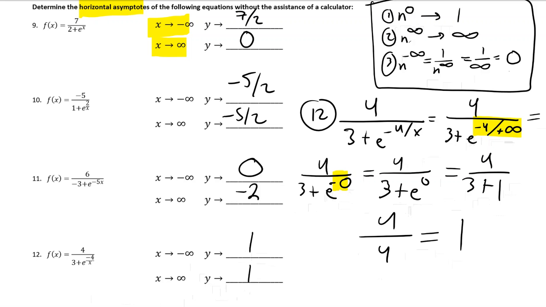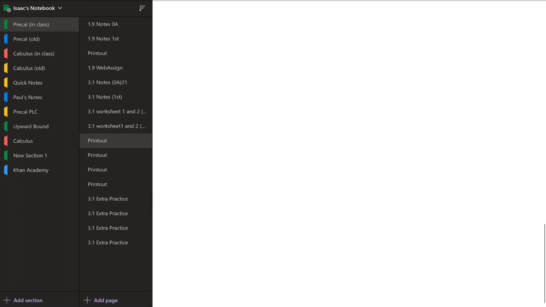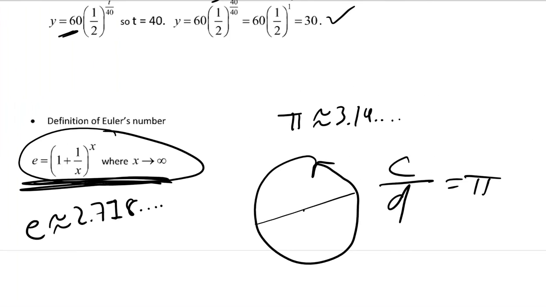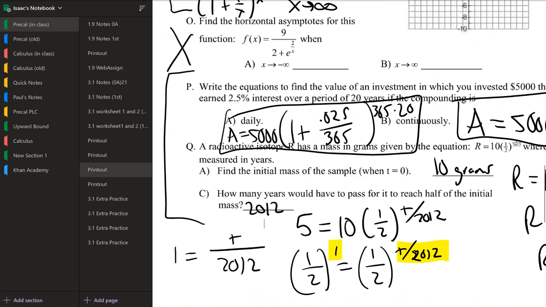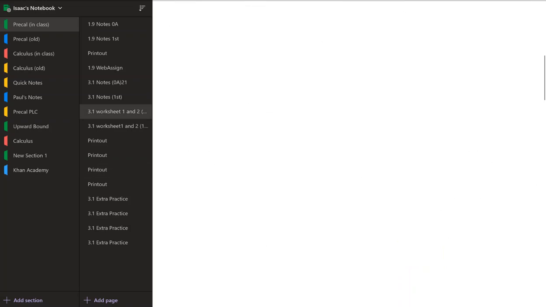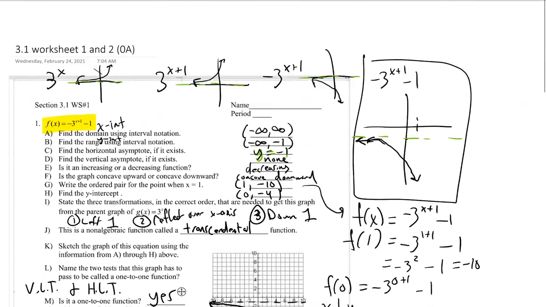Okay, so now our handout from last week, we had skipped these question types just because last time had enough information. But on the front page, so not the notes, the worksheet 1 and 2.